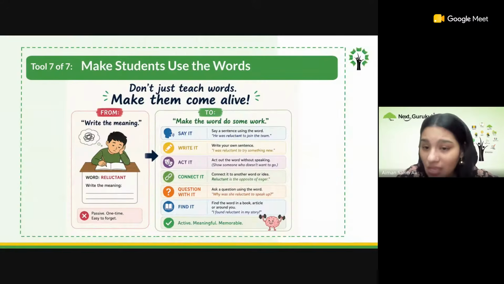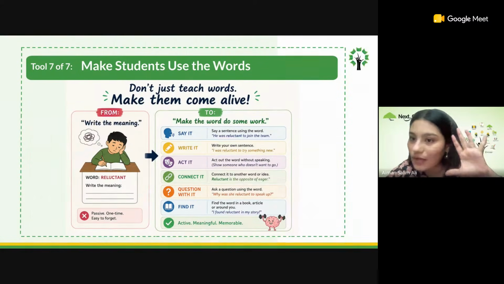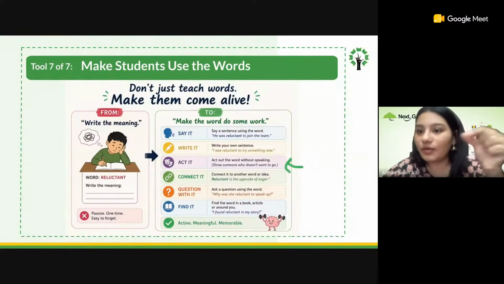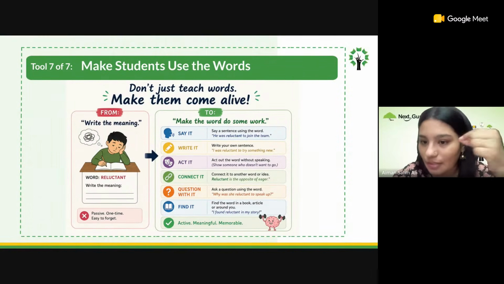Say it. So the students are challenged to say a sentence using the word. So instead of asking them to tell the word meaning, we tell them to say the word with, yes, practice. As Nahid said, practice the word. Say a sentence using the word and then write it. You write your own sentence with that word and then you act it. You act out the word without saying the word, without speaking.